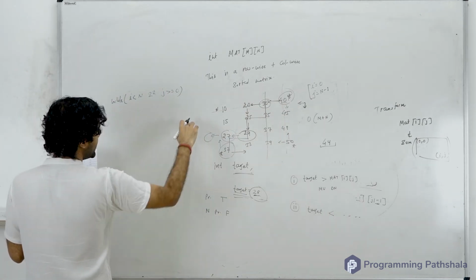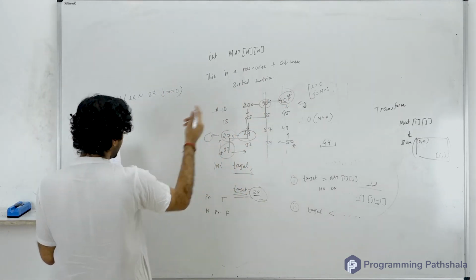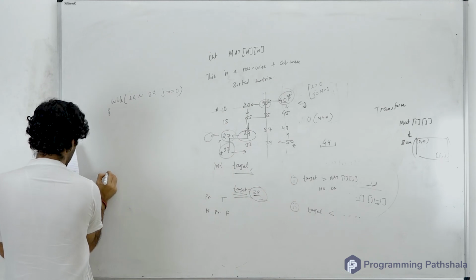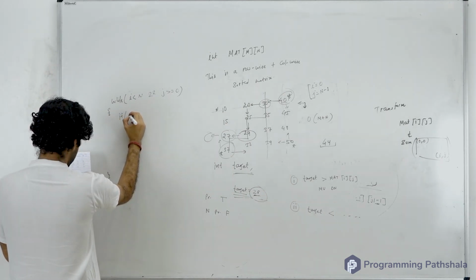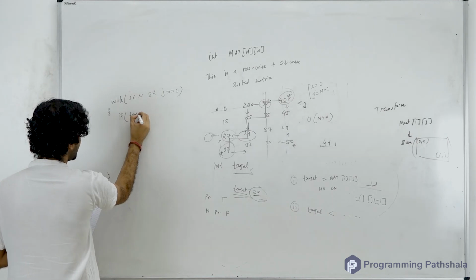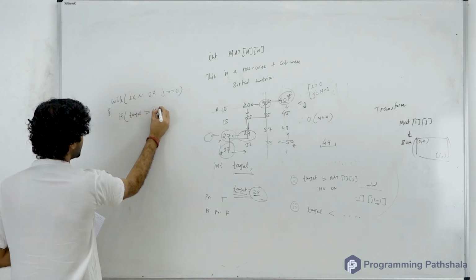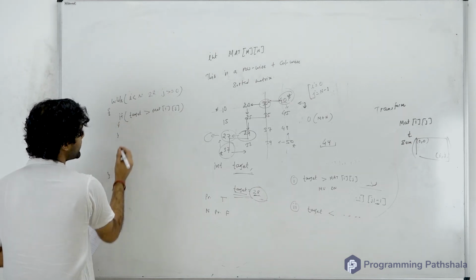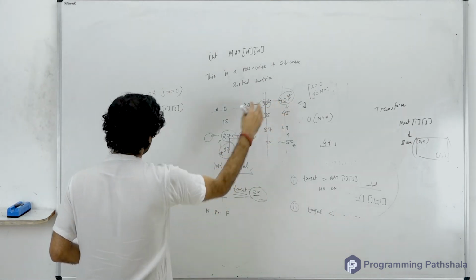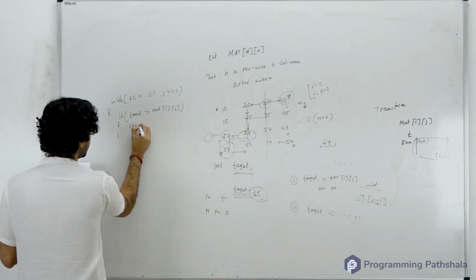So as long as you are within this particular maze area, what you can do is you just compare. If the target happens to be greater than matrix of ij, then you will go down, and going down means i plus plus.